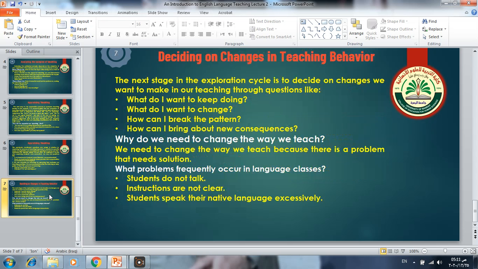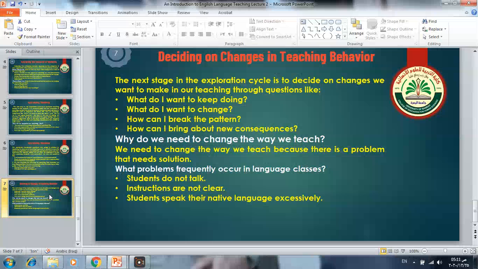After you finish the appraising step, the evaluation step, then you come to the other step, which is deciding on changes in teaching behavior. You decide on what changes you have to make in your teaching behavior.